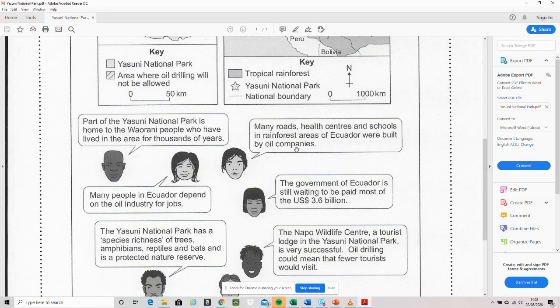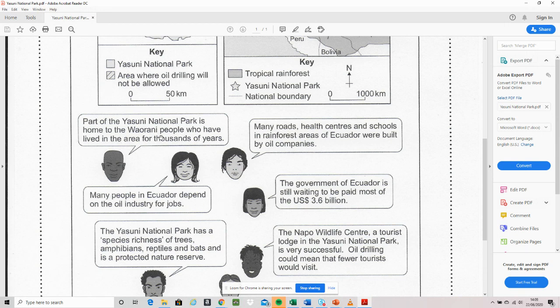So some saying, well, okay, many roads, health centres and schools in the rainforest areas of Ecuador were built by the oil companies, so a positive there on a perspective from someone. Somebody highlighting that the government is still waiting to be paid its money. Others saying that in Ecuador, they need the oil industry for jobs because the oil industry will employ local people.